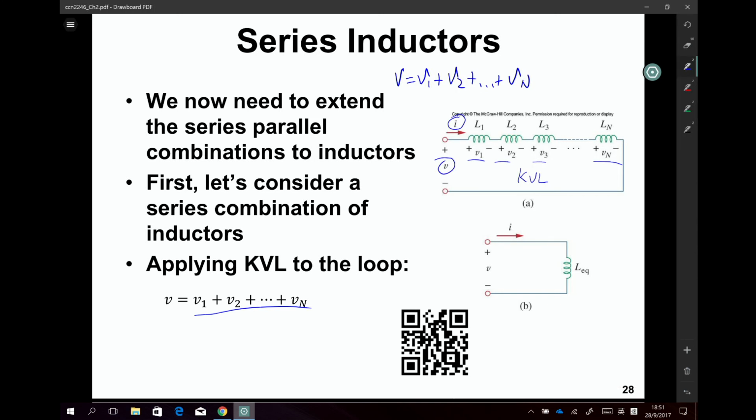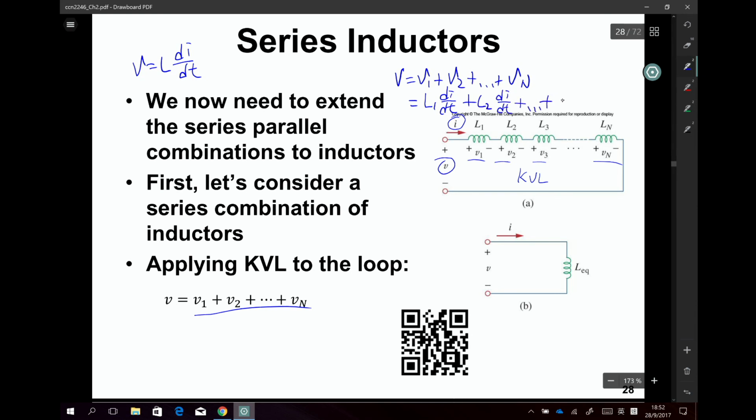Now, what is the IV characteristic of the inductor? You have V equal to L di over dt. So each voltage can be replaced in terms of the inductance and the current. This becomes L1 di/dt plus L2 di/dt plus ... Ln di/dt. You find we have the common factor di/dt.